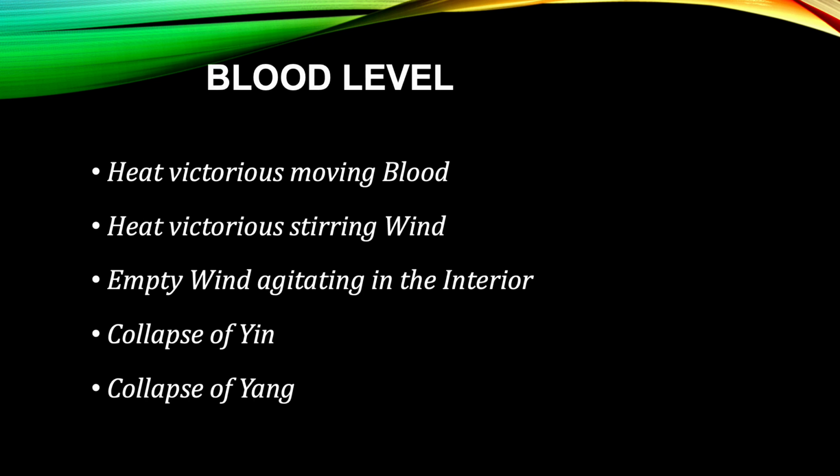Blood level, we have heat victorious moving blood, heat victorious stirring wind, empty wind agitating in the interior, collapse of yin, collapse of yang.